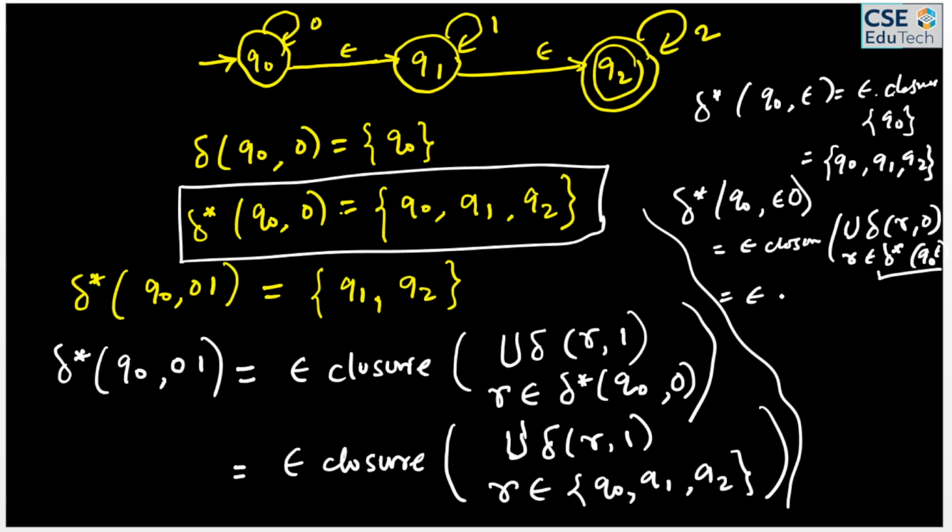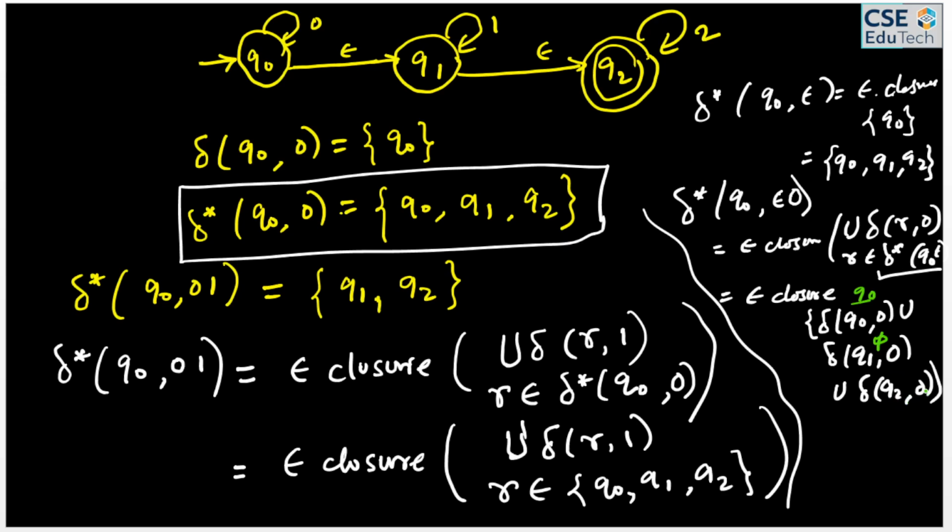So we write the epsilon closure of del Q naught 0 union del Q1 0 union del Q2 0. What will be the outcome? From Q naught after reading 0, it will give Q naught. From Q1 after reading 0, there is no transition, so it gives empty.